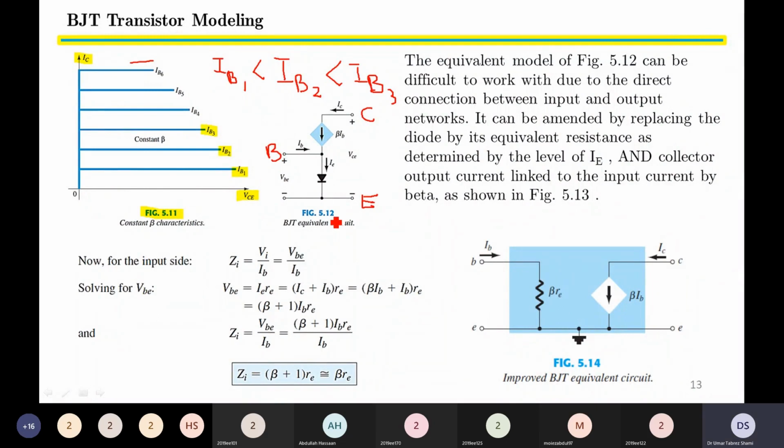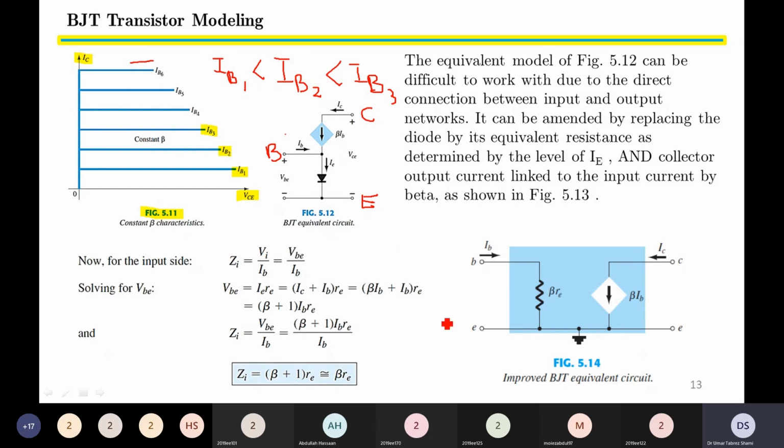Between the base and the emitter, we see the imaginary diode, and between the collector and the base, we see a current source. This diamond-shaped source represents a dependent source.